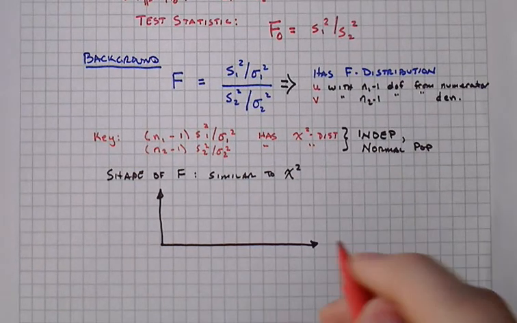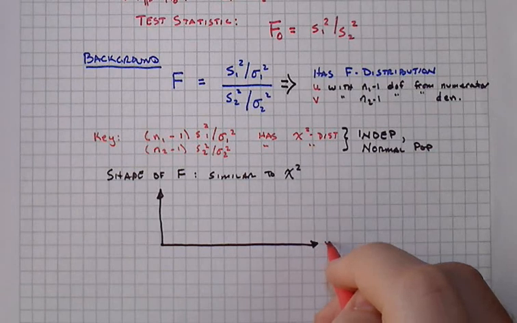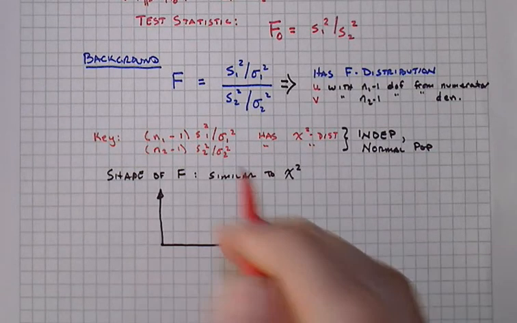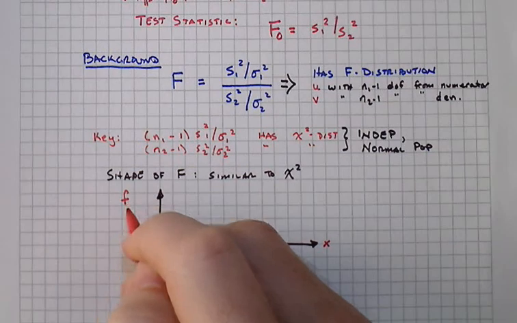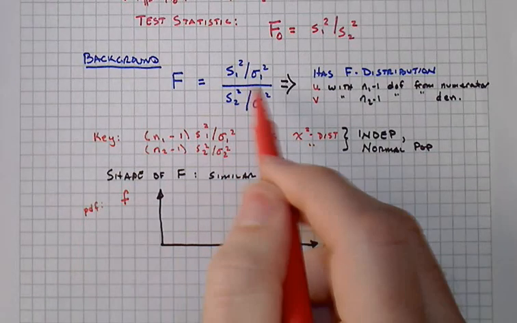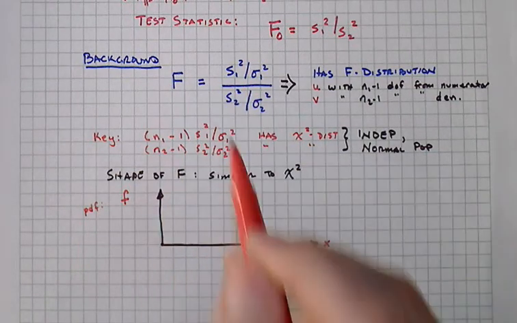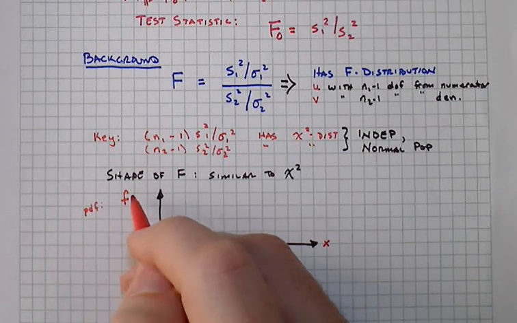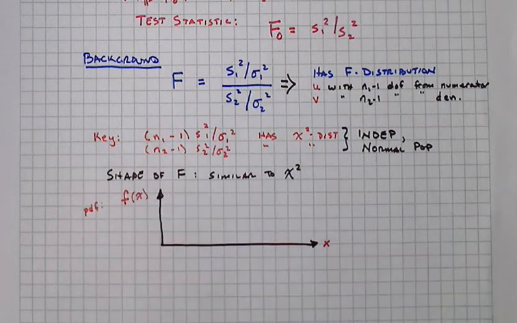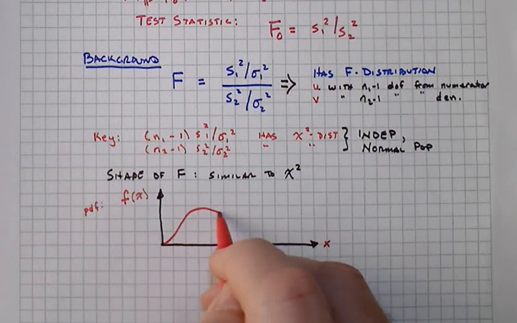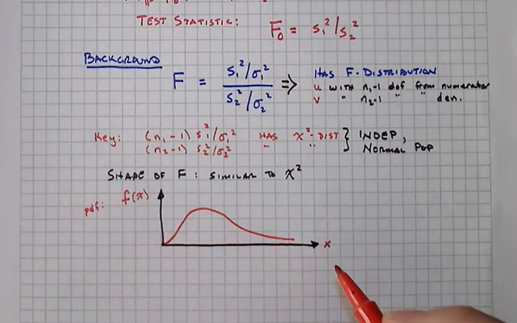Right, now this is where I really don't like the symbols, but it is what it is. We'll let x be our independent variable here, and this F is the PDF, not anything associated with this stuff going on here directly, in terms of just symbols. So this lowercase f means the PDF. And that shape, again, looks similar to the chi-squared, and as I draw it qualitatively, you couldn't tell the difference between the two.